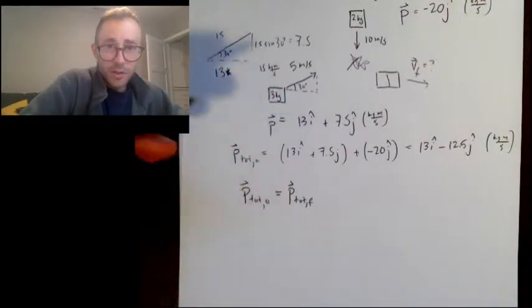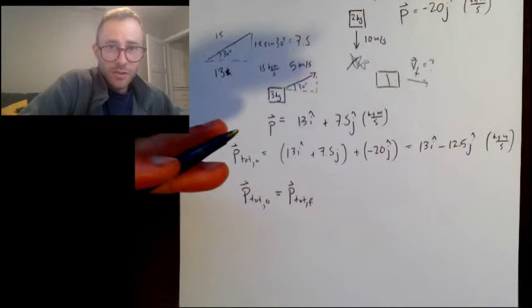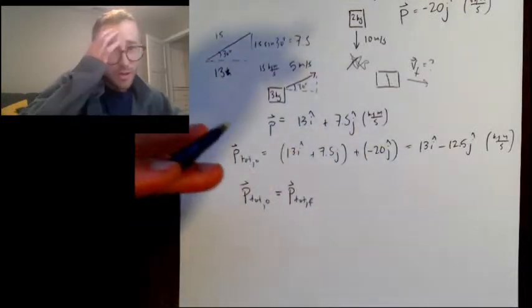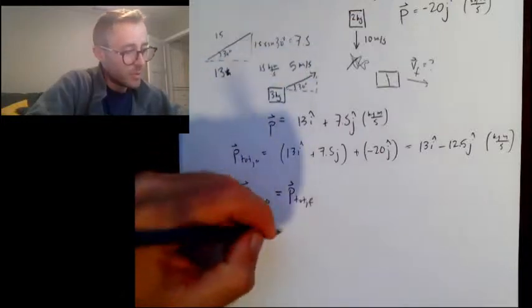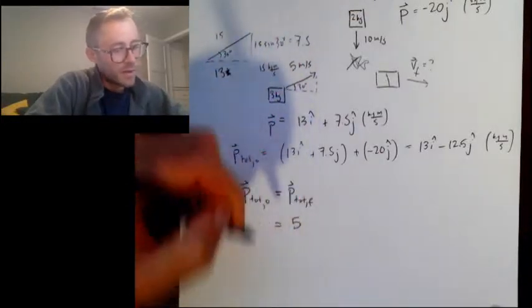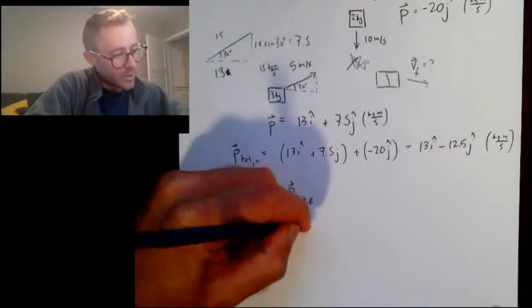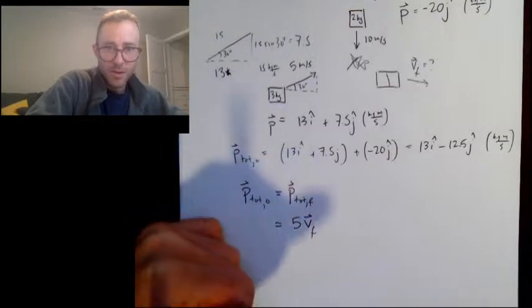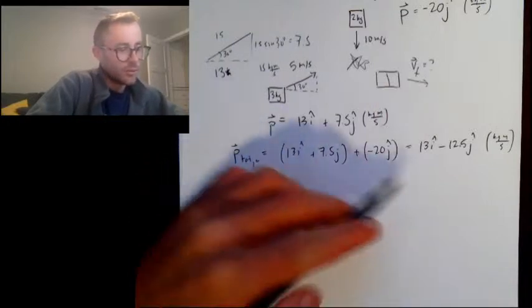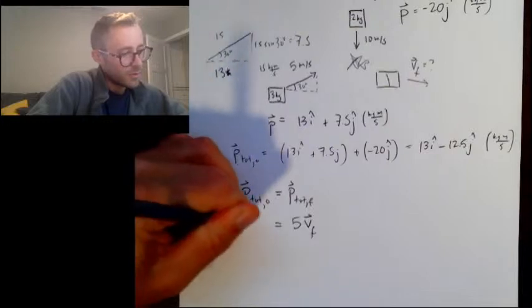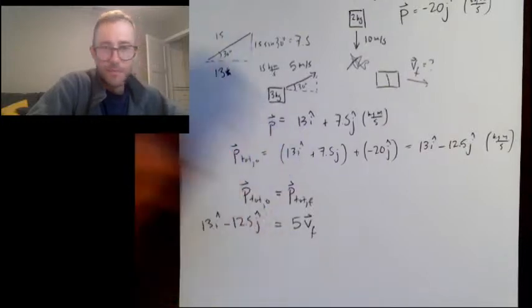Now, just like with completely inelastic collisions in one dimension, in two dimensions, for the final momentum we basically just combine the two masses to get a mass of 5, and the final velocity we're going to calculate. So I just leave it as a vector variable. Okay. The initial momentum is 13i hat minus 12.5j hat.